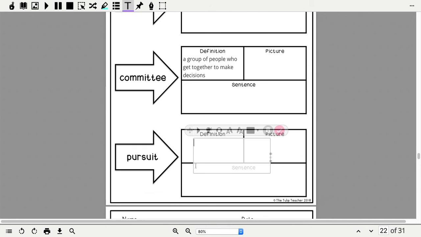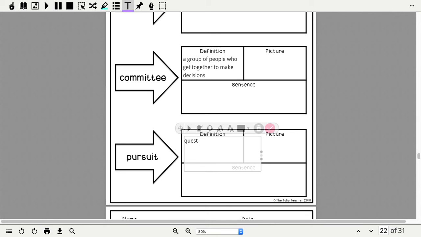Okay, this last one is pursuit, okay? So when we go in there, it says, with life, liberty, and the pursuit of happiness written out, the Declaration of Independence made colonists want to jump and shout. Okay, so we have the word pursuit there. So what do you think the word pursuit means? Okay, so pursuit is kind of like a quest.